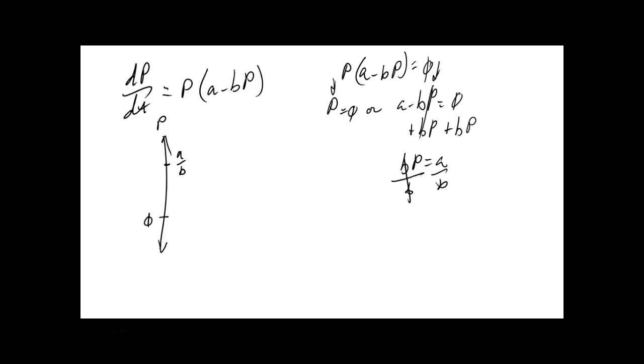It doesn't matter really where it is, but those are your two places where the function is going to be constant 0, for any value of t, by the way.